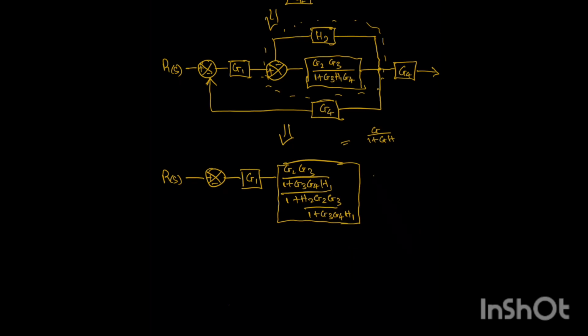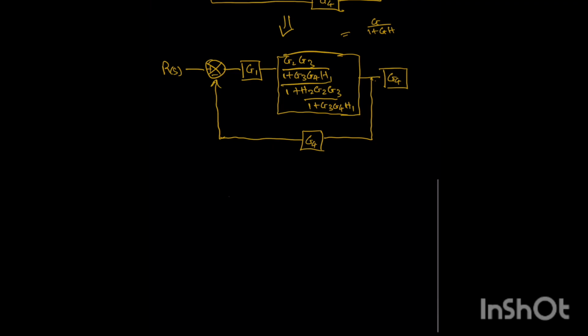So this is what we'll be getting. So here we still write our G4, and it's connected to this. So we have G4, which is connected to this negative feedback.